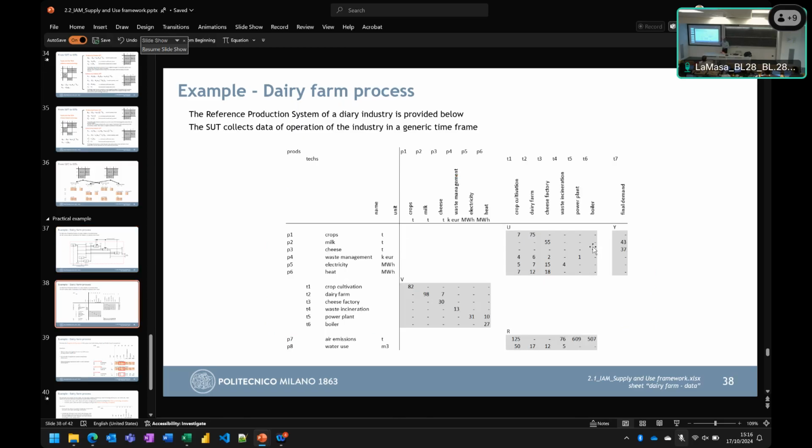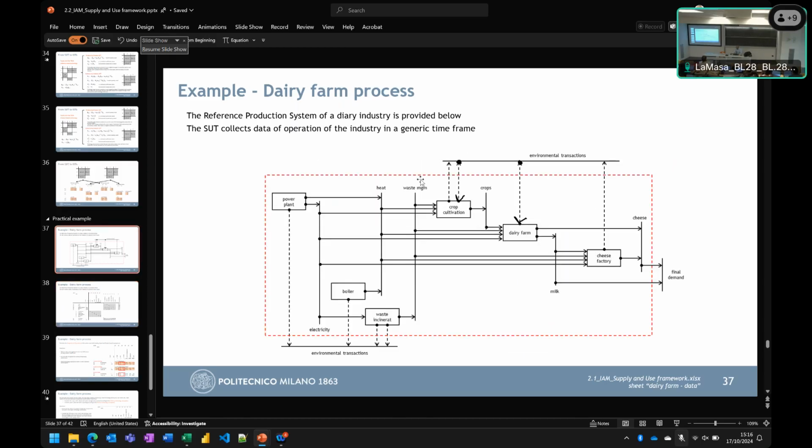Also, in the case of the waste management, for example, waste management services are moving in one direction, but the corresponding material flow is moving on the other side. So this is just a matter of conventions. Okay, but you're right. To be very precise, we should have put another direction on the arrows.